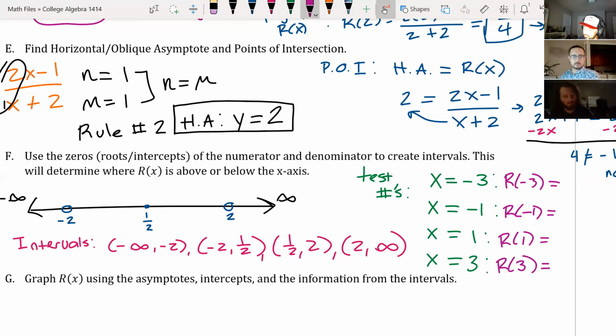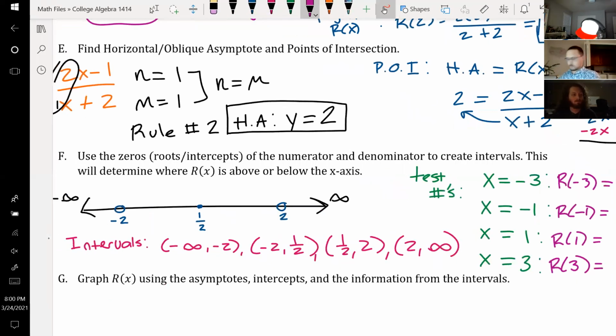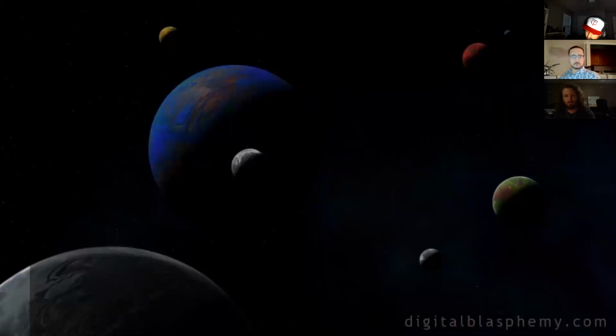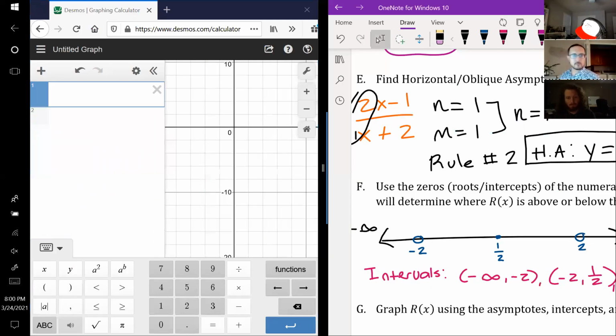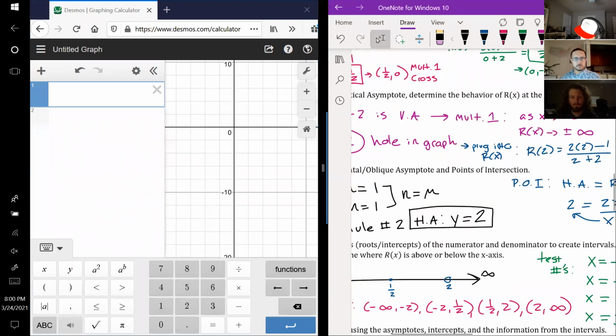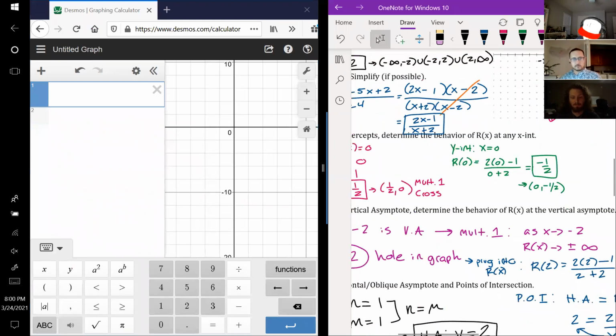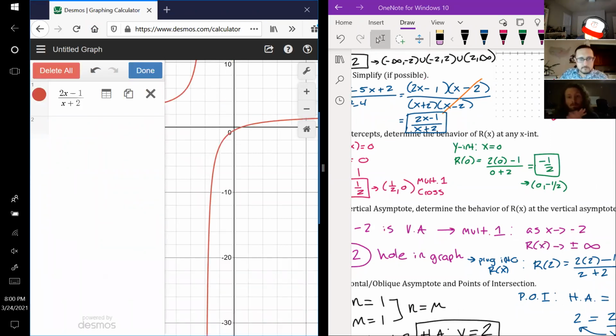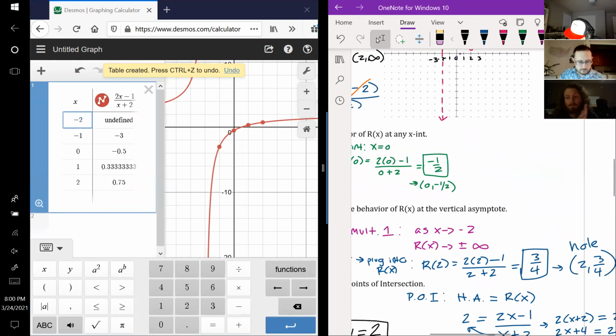Here we go, Desmos. And we're using the newly reduced function. 2x minus 1 over x plus 2. Table feature.